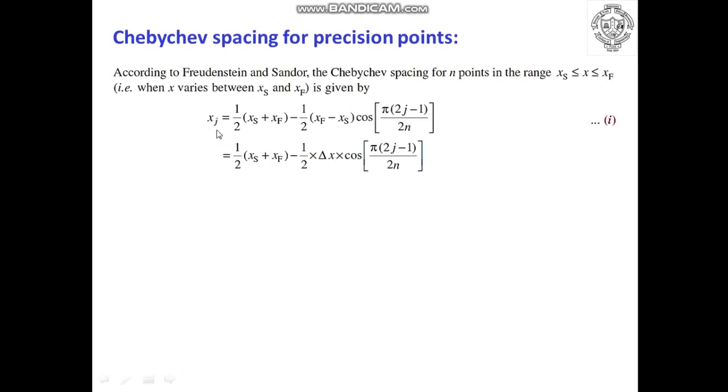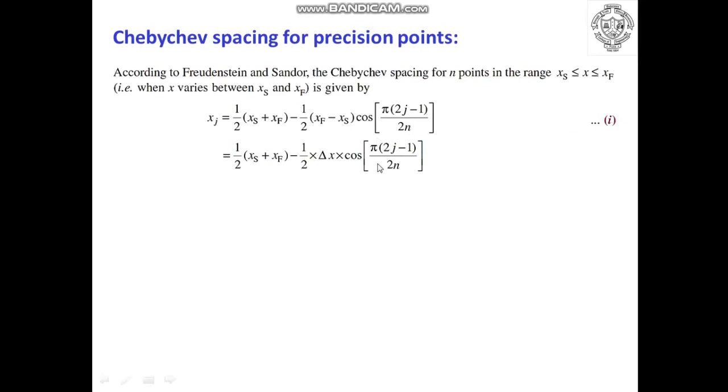So if I put j equal to 1, then we get the first precision point x1, which is equal to 1/2 (xs plus xf) minus 1/2 (xf minus xs) into cos of pi times (2j minus 1) divided by 2n. Here j is the index of the precision point, which varies from 1, 2, 3, 4, 5 and 6.